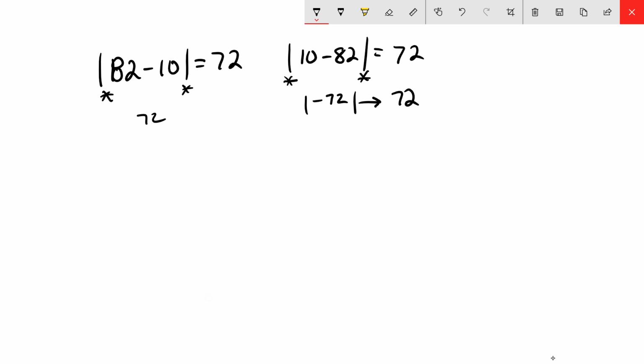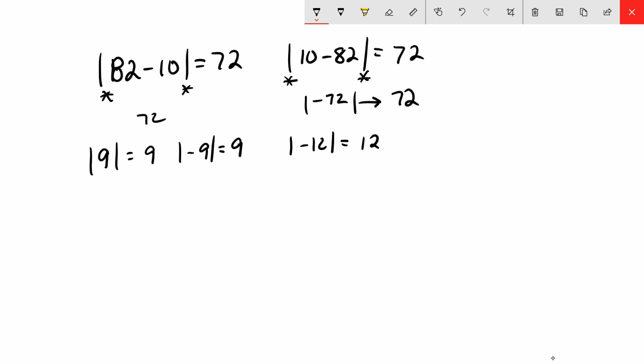Okay? So if I have the absolute value of 9, that will equal 9. The absolute value of negative 9 is also going to equal 9. The absolute value of negative 12 is going to equal positive 12. All right, so let's look at this.